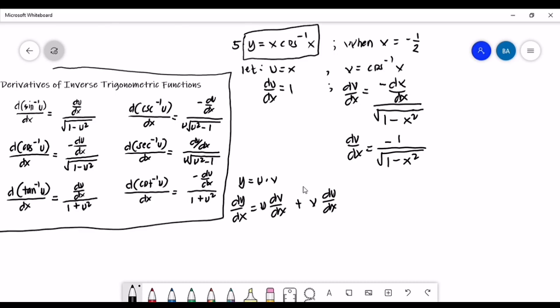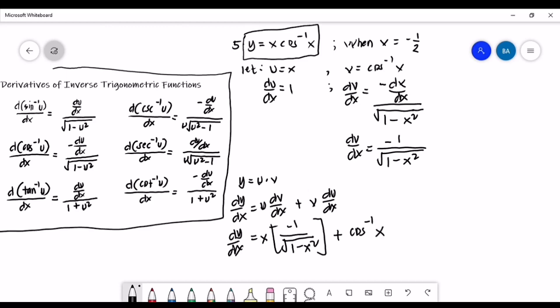So at this point, dy dx is equals to, we could now substitute. u is equals to x, dv dx is equals to negative 1 over the square root of 1 minus x squared, plus v is equals to arc cosine x times 1.